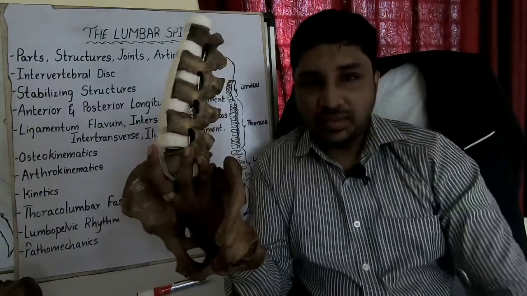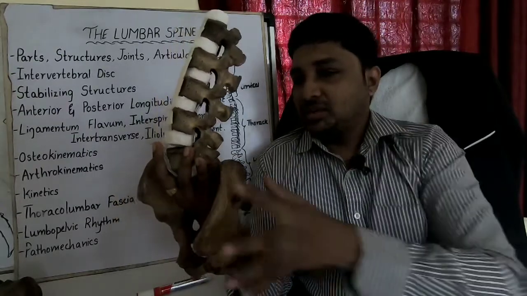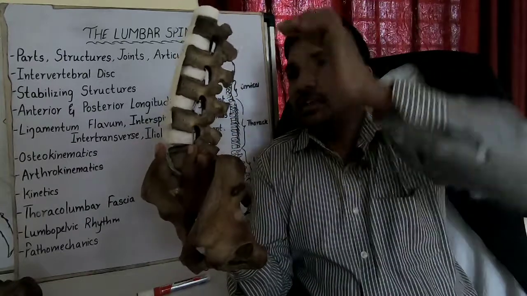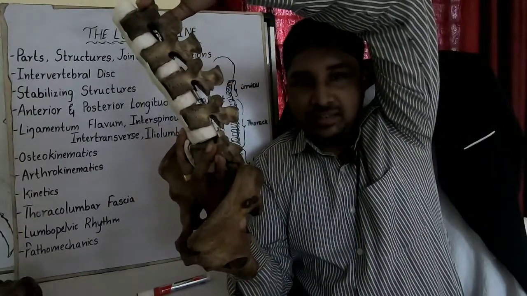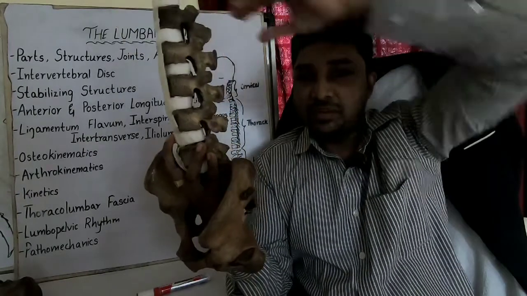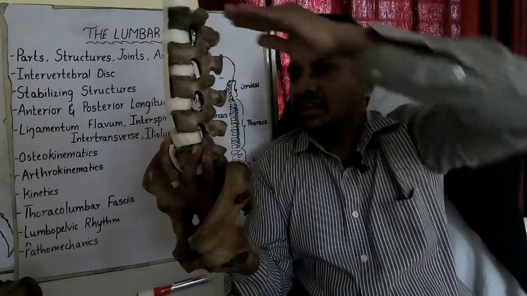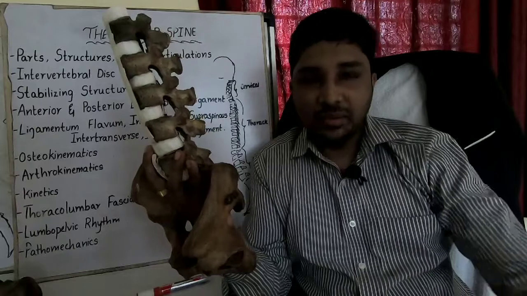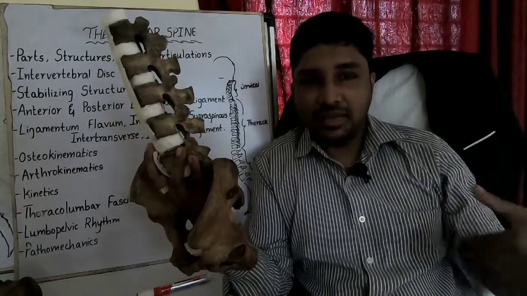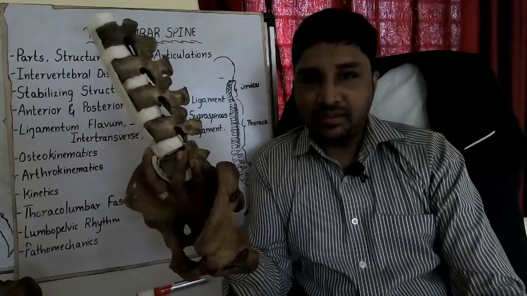Now the range of motion of the lumbar spine. The lumbar spine moves about 50 degrees. When a person stands and touches the toes, the lumbar goes this much and the rest of the movement is taken over by the hip and the thorax. We will talk about this maybe in lumbopelvic rhythm.